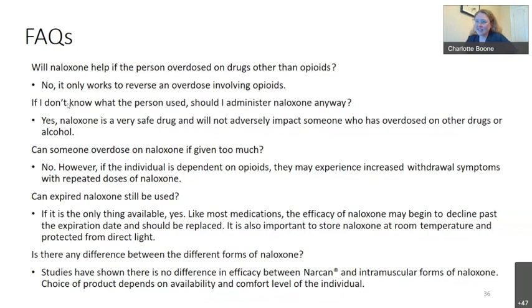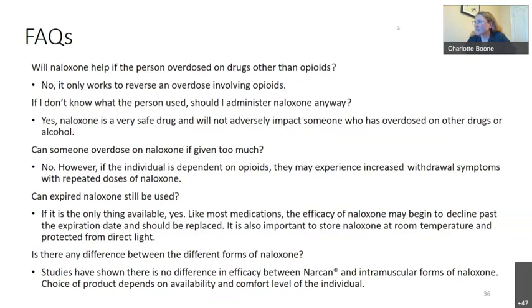The answer to that is yes, because naloxone is a very safe drug and it won't adversely impact someone if they are happening to experience an overdose from another substance. Can someone overdose on naloxone if given too much? No, they cannot. However, if someone is an opioid user, they might experience withdrawal from naloxone.